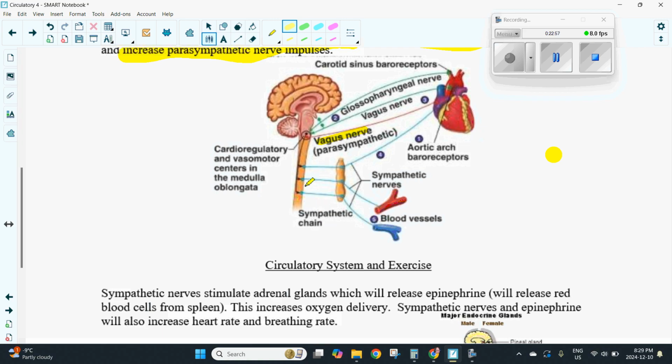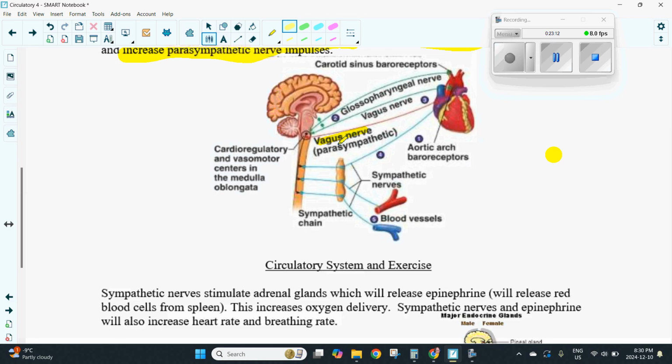Sympathetic nerves, okay, are located basically in the middle of the spine, whereas the parasympathetic nerve is located at the top of the spine. It takes longer to bring our body back to normal because it's further away from the heart, okay?